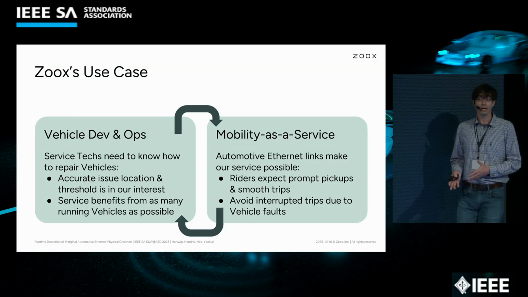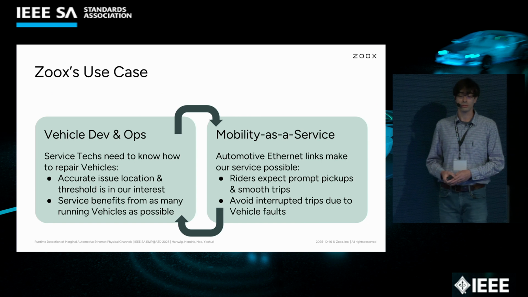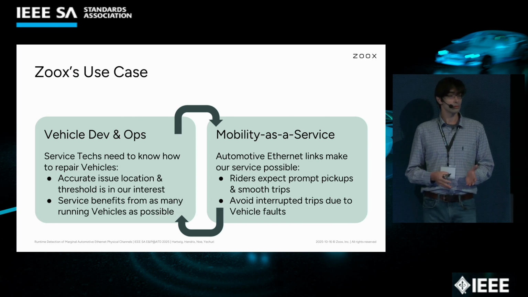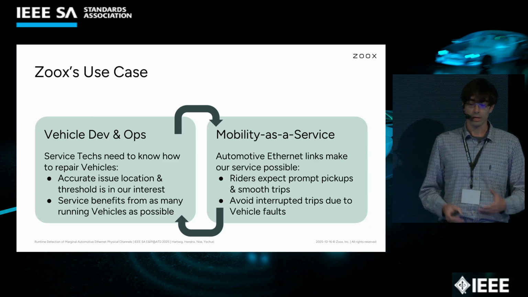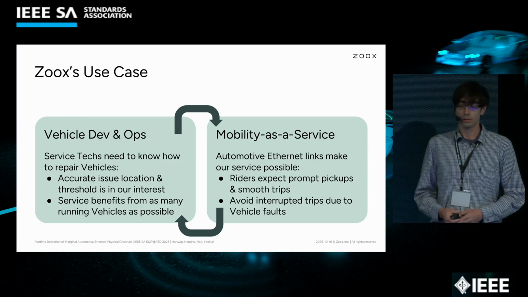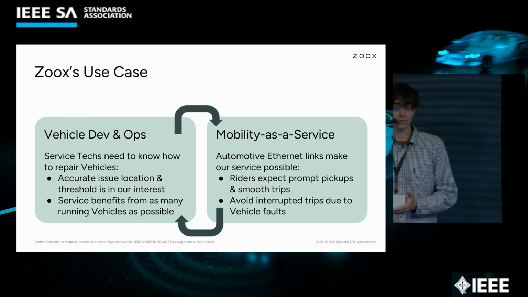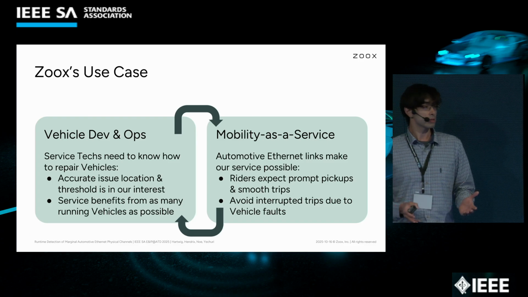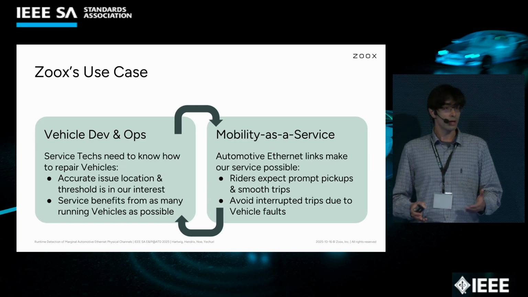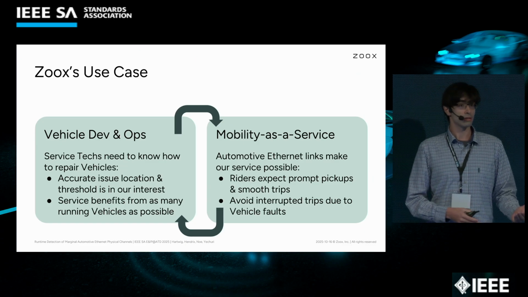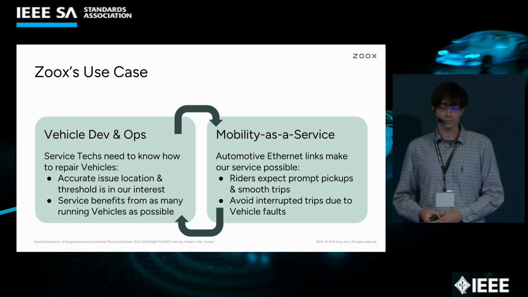Looking at this another way, however, clarifies our motivation to detect the marginal physical channels and also fix them. We both design the vehicle platform, and we also operate the service. So our mobility service customers would really like to have smooth trips all the way to their destination. And this relies on the automotive Ethernet links functioning as much as possible.